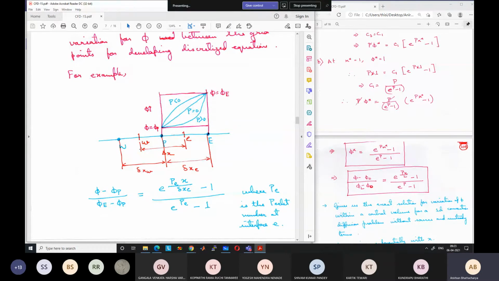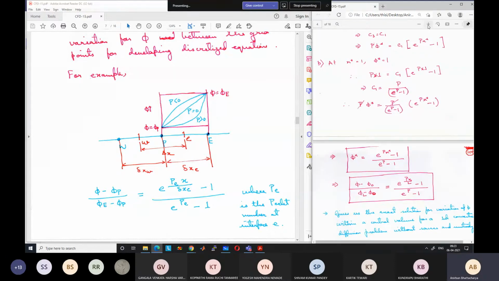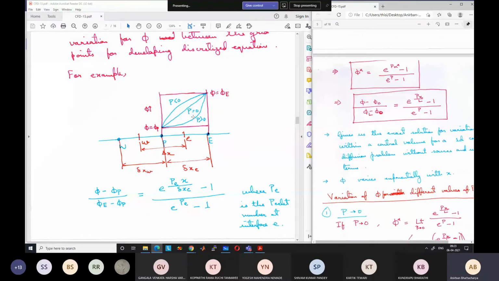So this was our solution, if you remember. We will increase the size. The same solution we will fit now between P and E. Instead of phi 0, we are writing phi p: phi minus phi p by phi e minus phi p. These are the two limiting values, phi e and phi p. So phi minus phi p by phi e minus phi p is equal to e to the power Pe into x by delta xe.